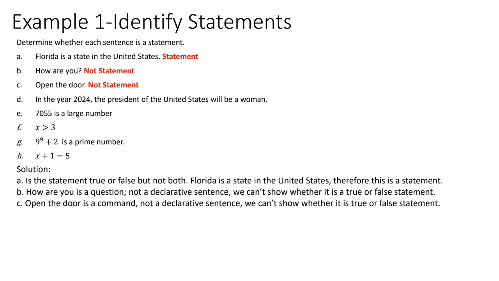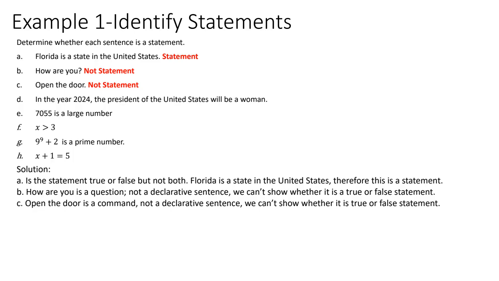But even if this year was a future year, for example, if the statement was, in the year 2029, the president of the United States will be a woman, this would still be considered a statement in mathematics, because you can actually say false or true once the time arrives. At this point, we might not be able to classify it, but we know for sure that it has to be one or the other.